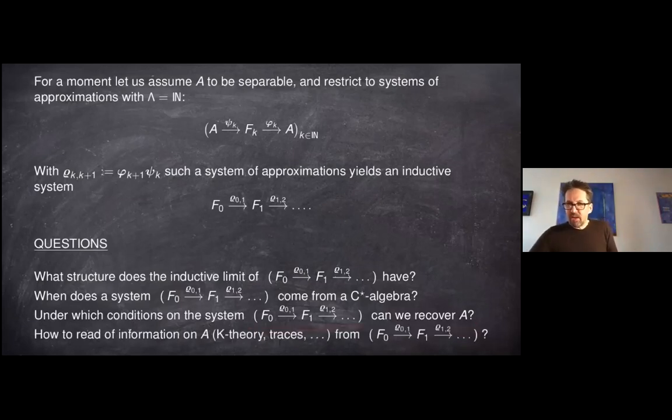And maybe in some cases you're not able to recover the C-star algebra, or maybe it's not the main task. Maybe you want to be able to read off pertinent information on A from this system, like K-theory, for example, or the trace space, or whatever.